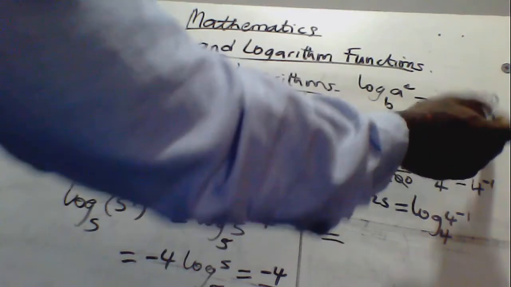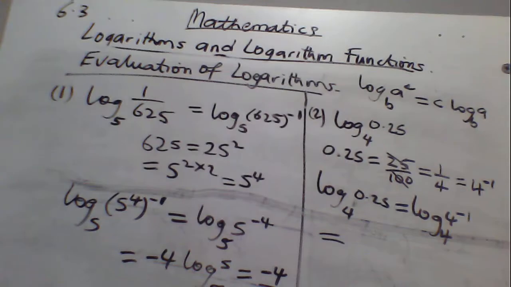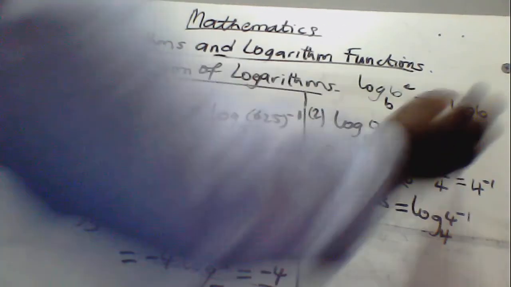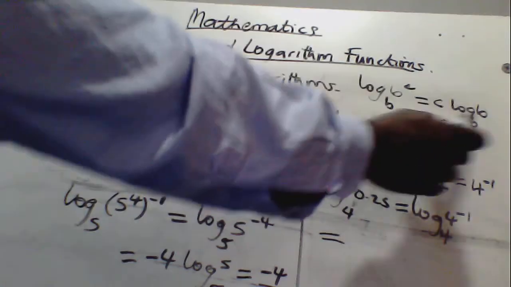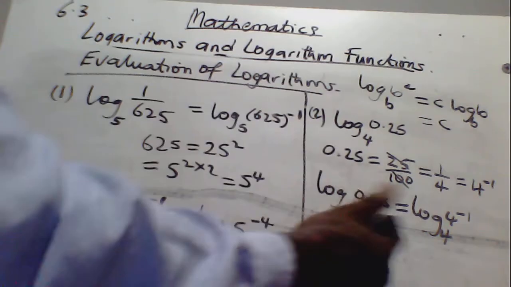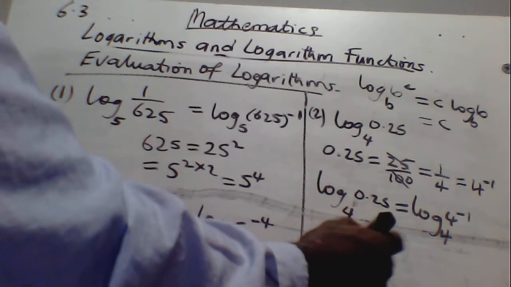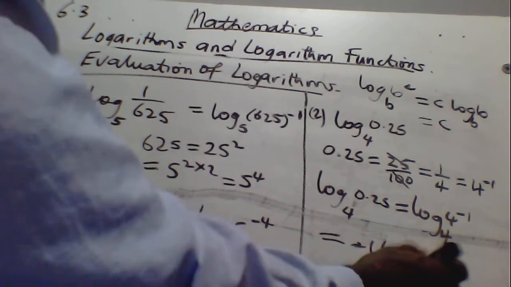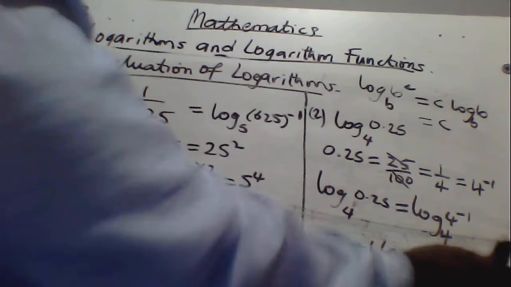Mind you, if this is b, we obtain c, because log b to base b is equal to 1 times c. So from here we have minus 1 log 4 to base 4. So this gives us minus 1.